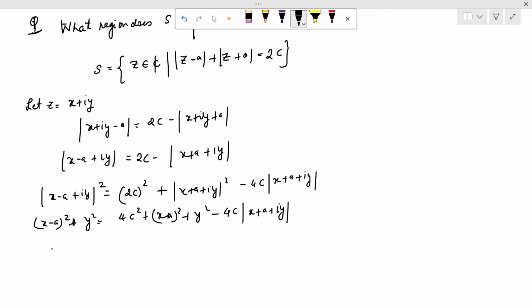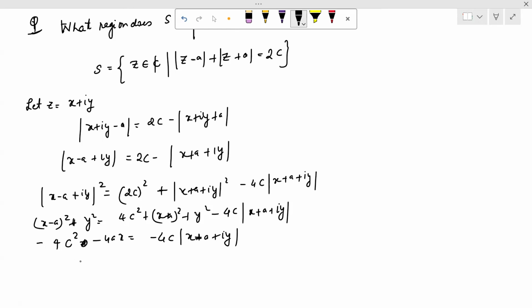So ultimately what you will get, you will simply get C square, plus, one C square will remain for sure. X square gets cancelled with X square, A square gets cancelled with A square. This 4C square goes there, so this will become minus 4C square. This minus 2AX and plus 2AX will become minus 4AX. And this is equal to minus 4C modulus of X plus A plus iota Y.